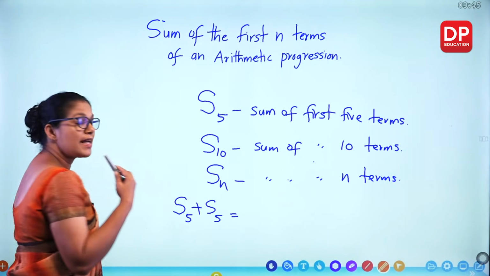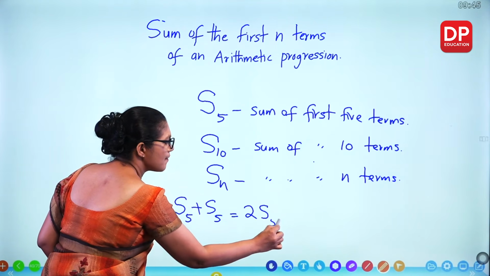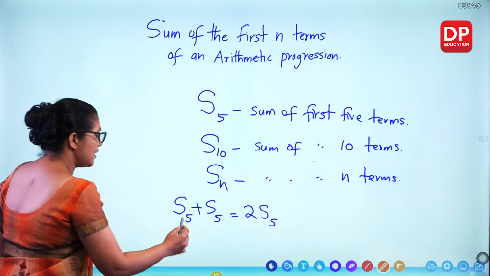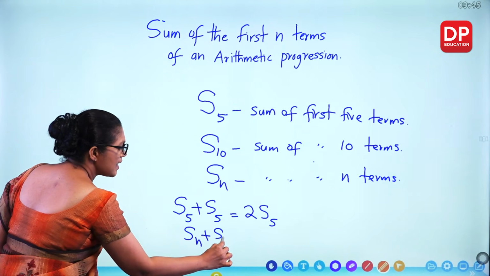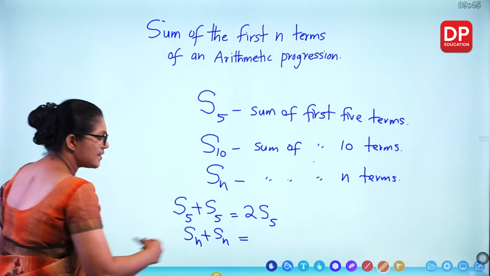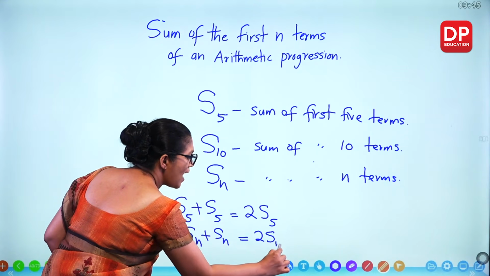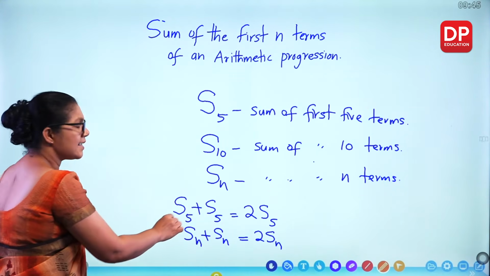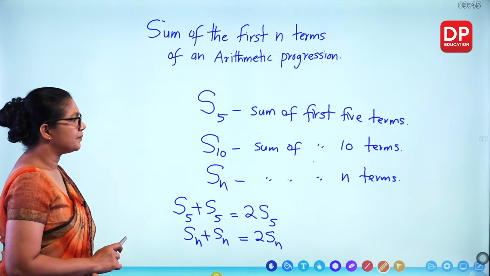So S5 and S5 you can write as 2S5. Then if it's Sn and Sn, how can we add these two? 2Sn. So remember that when you are adding terms, this is like a letter. You can add like terms.